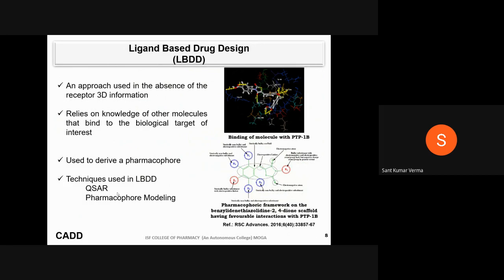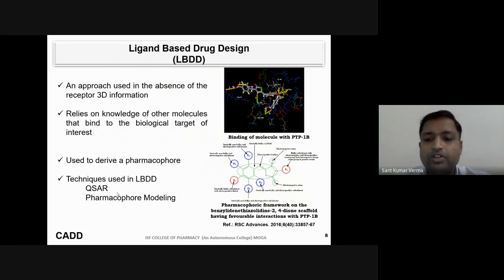We have the structure of the ligand and its activity, and now we can correlate these structures with the activity using QSAR, and we can also map the favorable pharmacophoric features responsible for the desired activity. Here I have put the favorable pharmacophore of thiazolidinedione for PTP1B inhibitory activity.